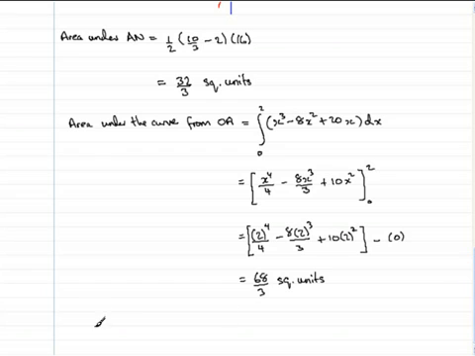So that'll be the area of R. Therefore, area R equals 32 thirds plus 68 thirds, and that's going to equal 100 thirds. So 100 thirds square units. I feel it's important to put square units because it is an area that we're talking about.